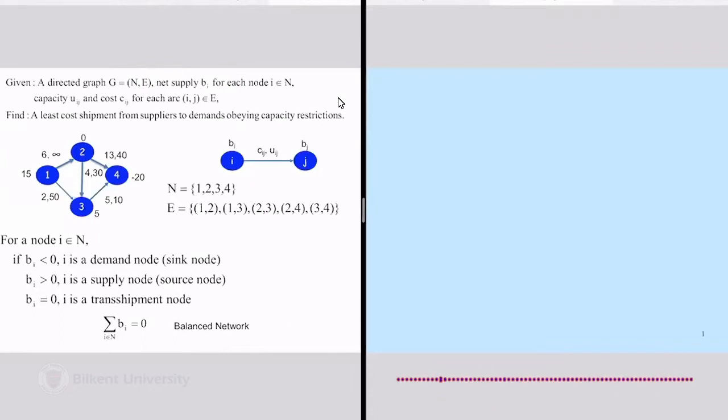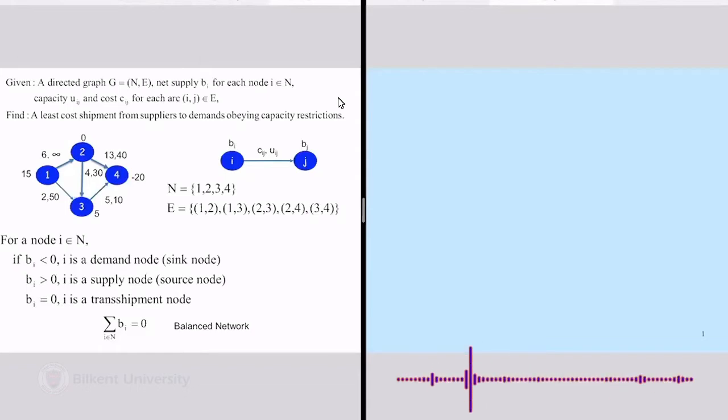So there must be some sort of a cost for using the arc, traversing the arc, okay? So the problem is that, okay, you have your demand, you have your supplies, you have your graph. The graph has arc costs for using that arc, and there may be capacities over those arcs. Now find me the least cost shipment structure over this network, okay?